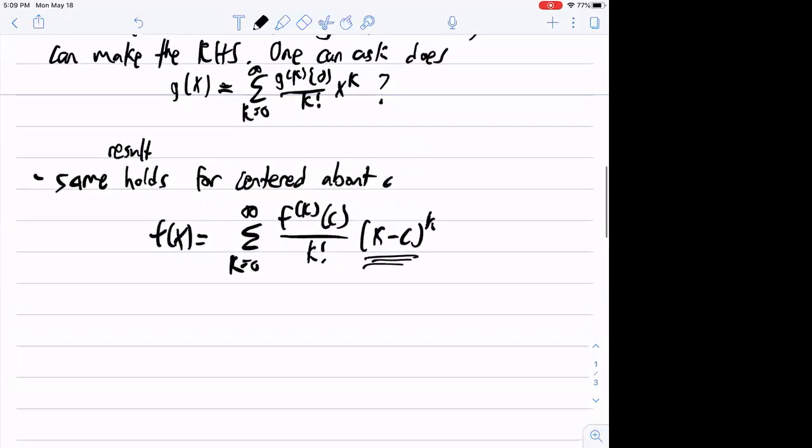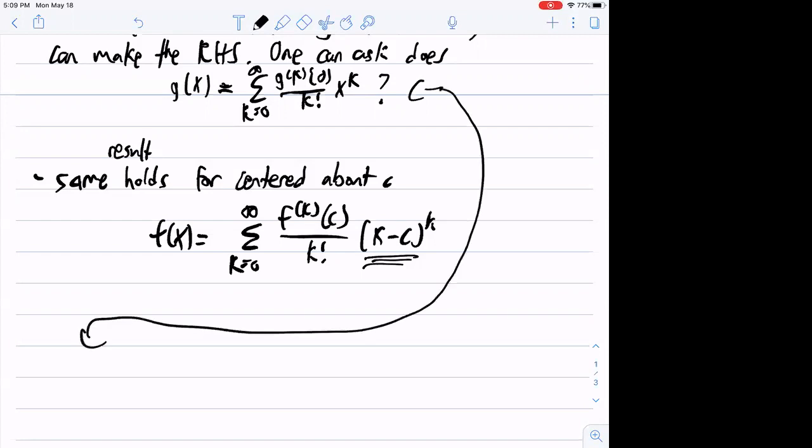Okay, so how do we answer this question? Well, the series is just a limit of its partial sums. So you could determine how g differs from its partial sums, right? In general, I can construct Rn of x is g of x minus... you could take c to be 0 if you want, but let's make it arbitrary.